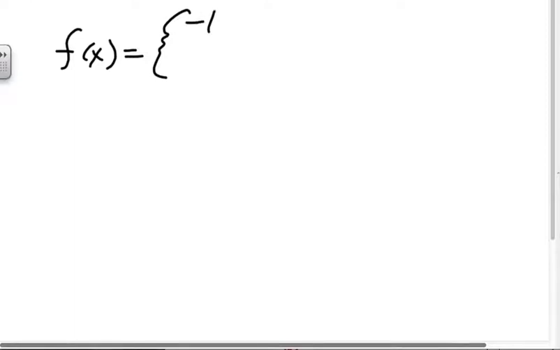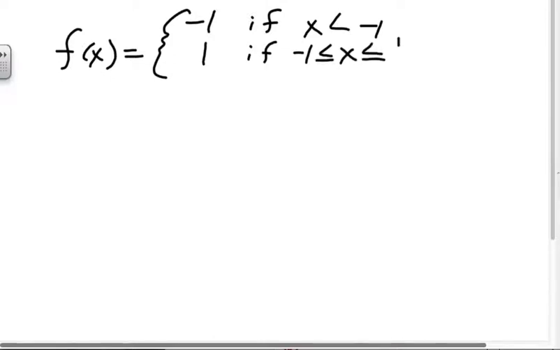It's going to equal -1 if, and this tells you the domain, x is less than -1. It's going to equal 1 if x is between or equal to -1 and 1. And then equal to -1 if x is just strictly greater than -1.